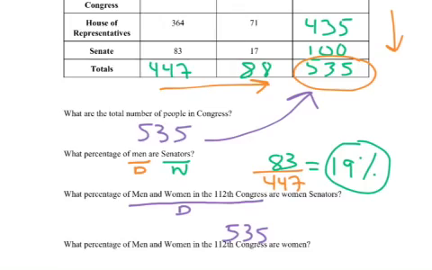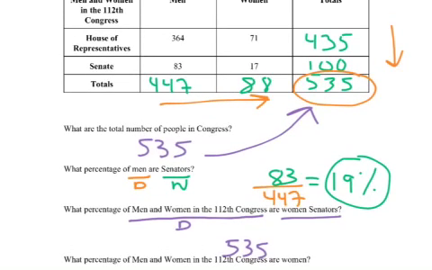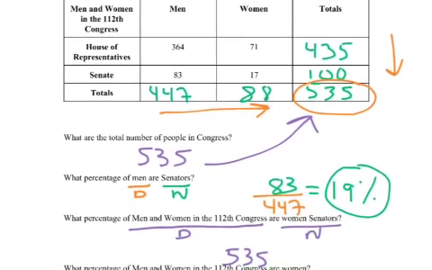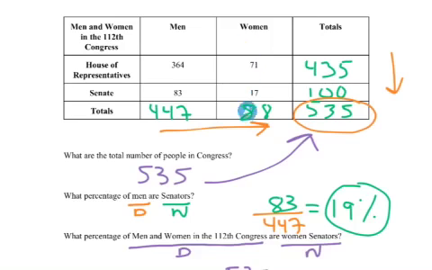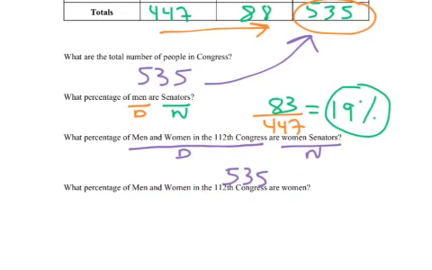And how many of them are women senators goes in my numerator. So here's my women column, here's my senators. There are 17 women senators. So that goes in my numerator. As always, divide and multiply by 100. So 17 divided by 535 times 100 gives you roughly 3%.